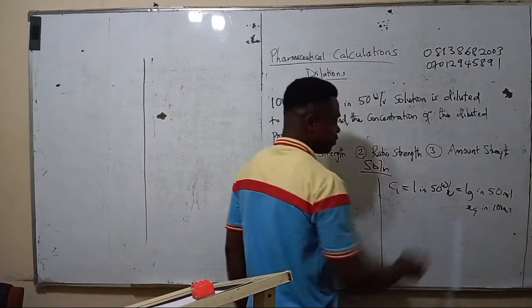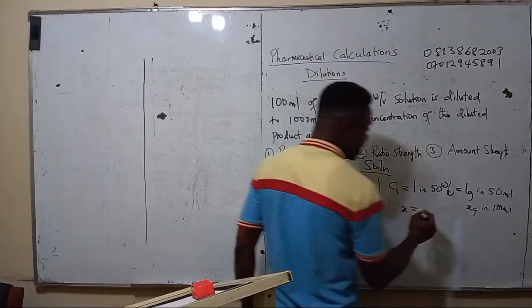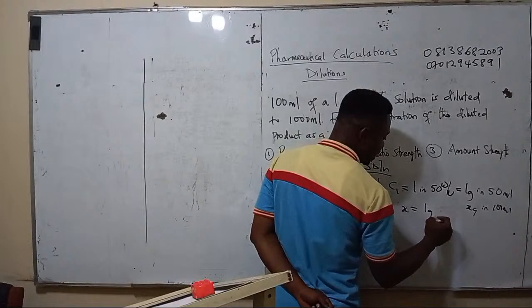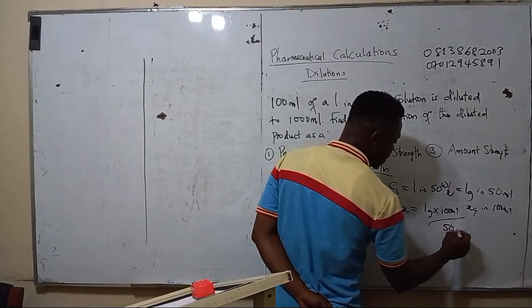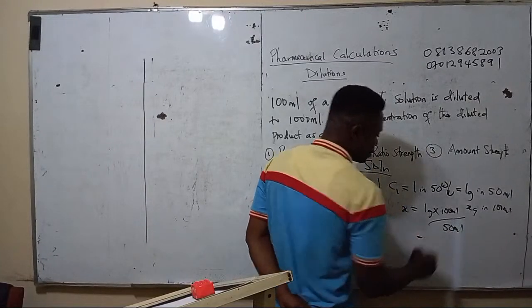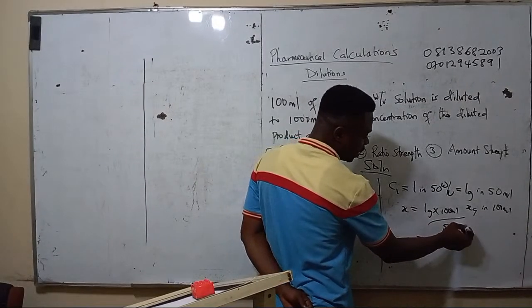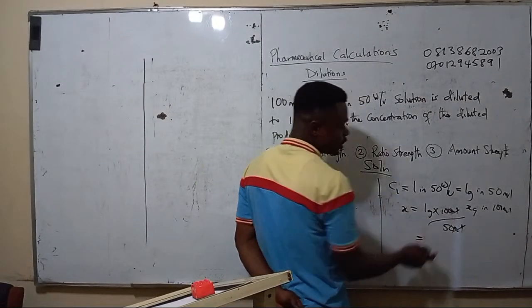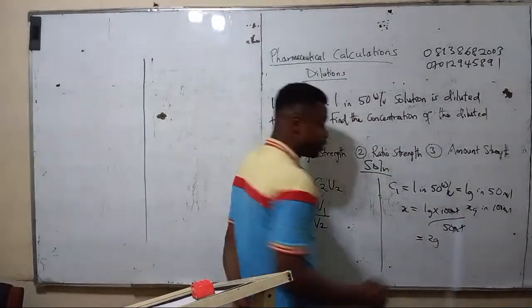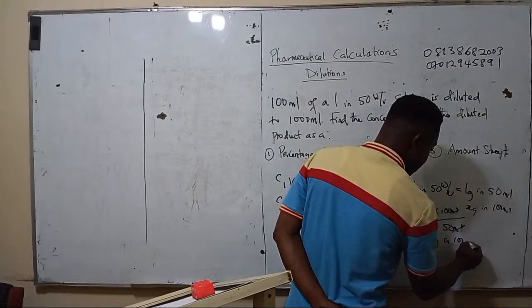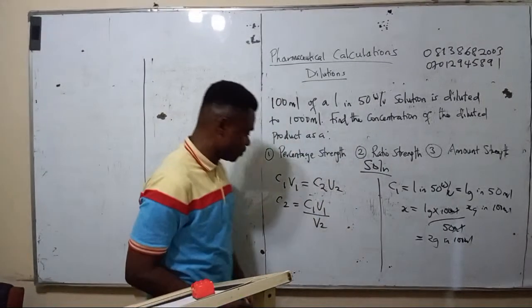If you cross multiply, x is equal to 1 gram times 100 mL over 50 mL. The mL cancels mL, and 100 divided by 50 is 2. So we have 2 gram in 100 mL.